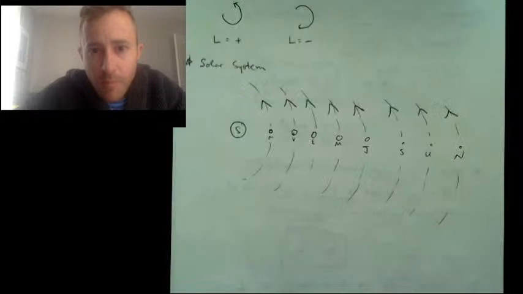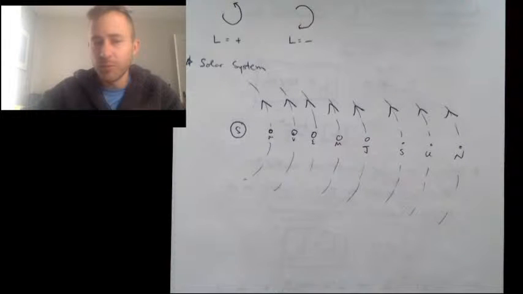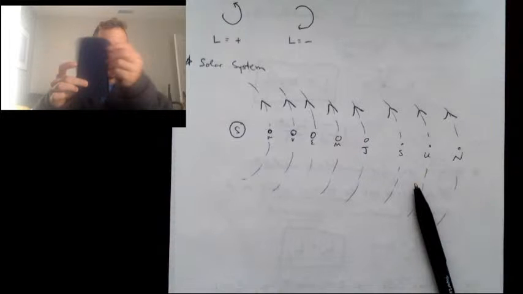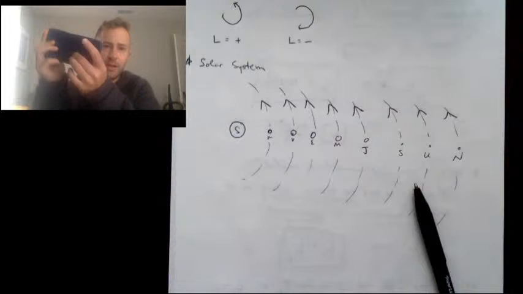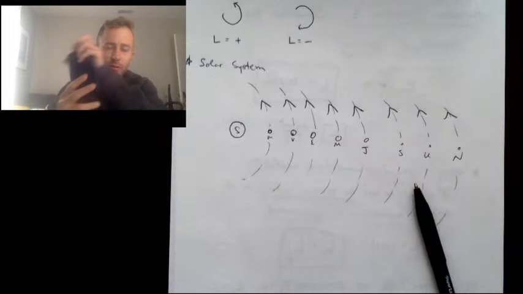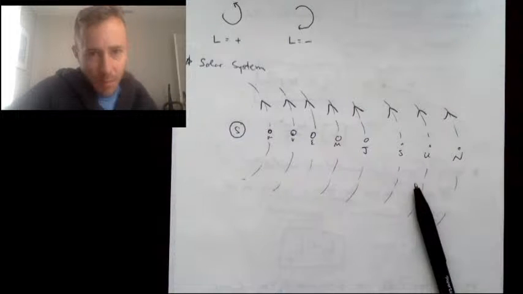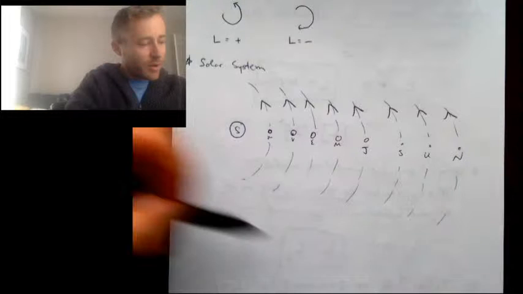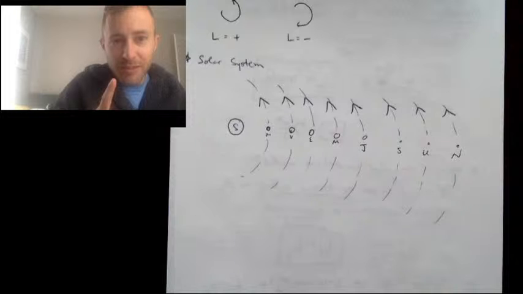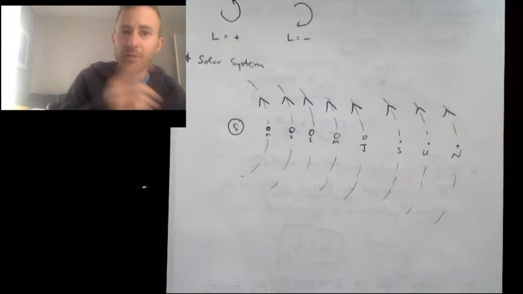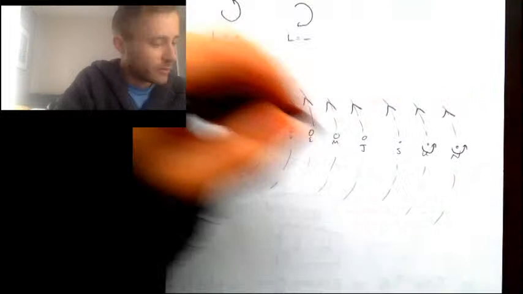Furthermore, we also have what's called spin angular momentum, which is because the thing is spinning. Because the thing is spinning like that, the Earth is rotating about its axis. It has spin angular momentum. Now, all the planets are orbiting counterclockwise, but all the planets are also spinning about their axes counterclockwise.